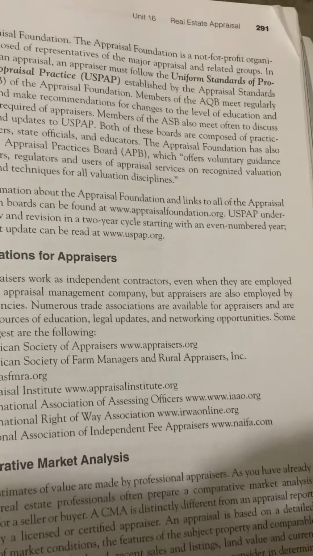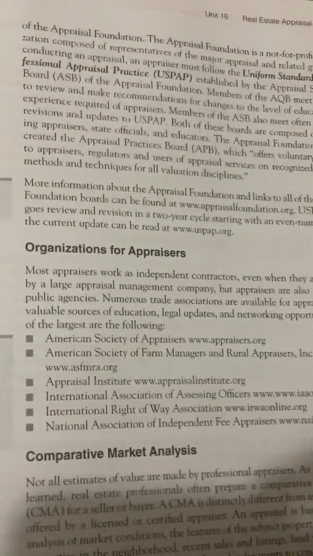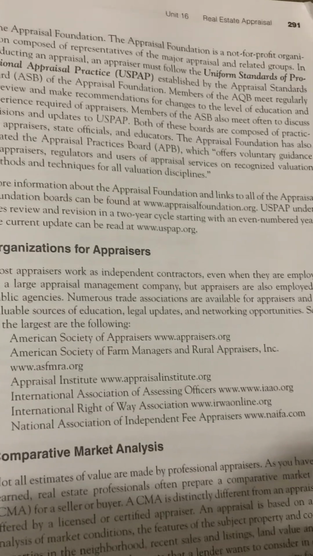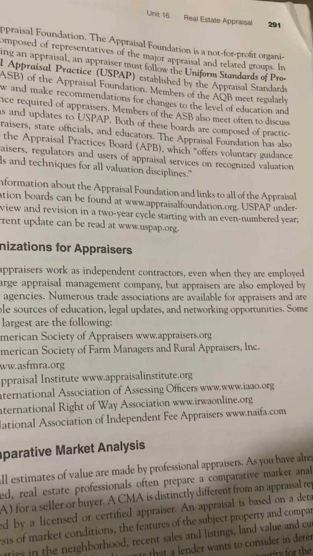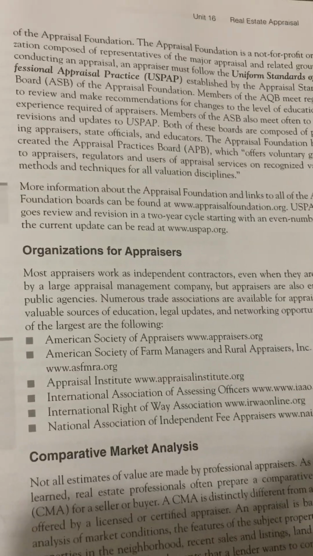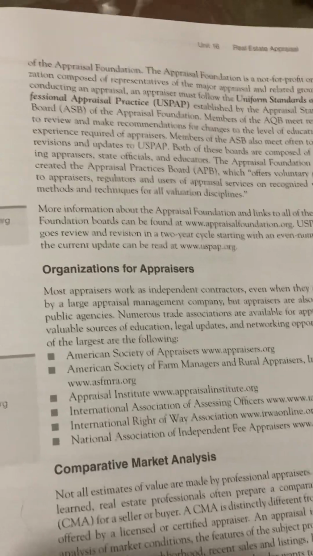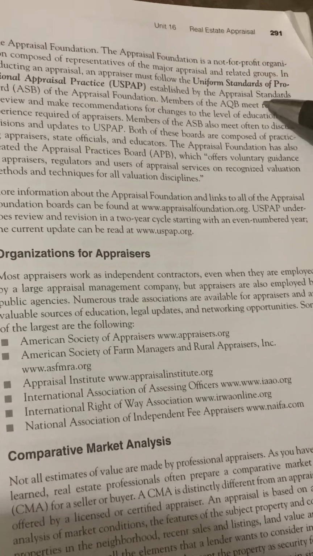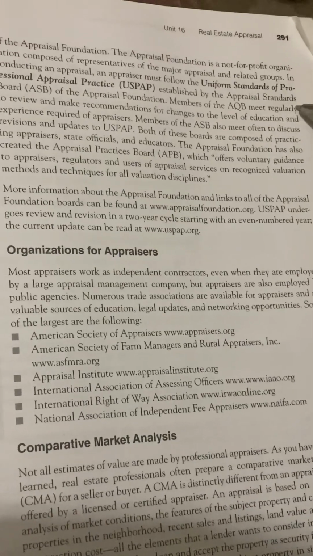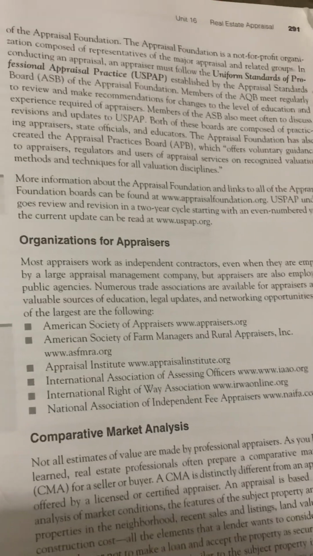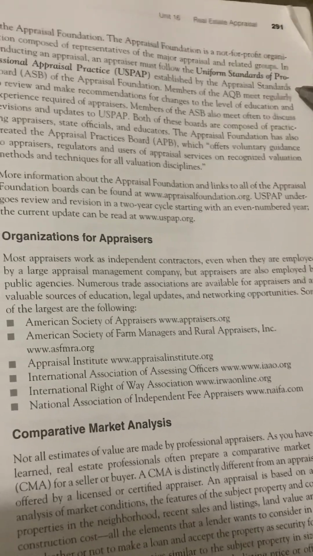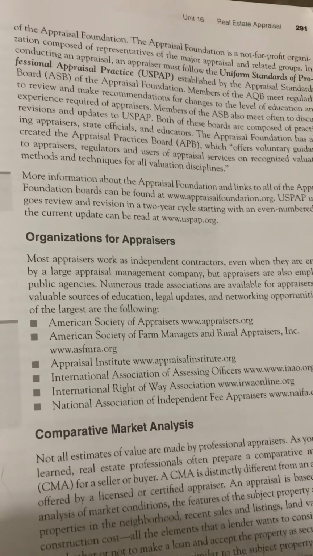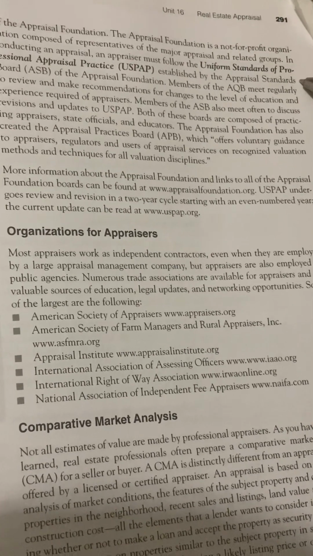The Appraisal Foundation is a not-for-profit organization composed of representatives of the major appraisal and related groups. In conducting an appraisal, an appraiser must follow the Uniform Standards of Professional Appraisal Practice, USPAP, established by the Appraisal Standards Board, ASB, of the Appraisal Foundation.